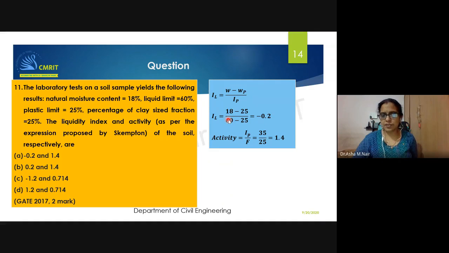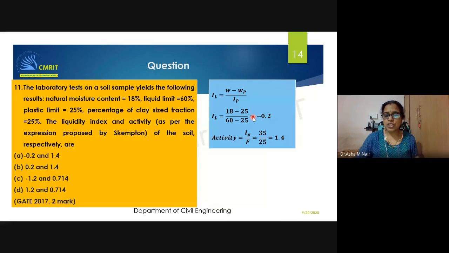It is 18. What is the plastic limit given in the question? It is 25. IP is liquid limit minus plastic limit, which is 60 minus 25. Substituting, it will be 18 minus 25 divided by 60 minus 25. So your answer is minus 0.2.